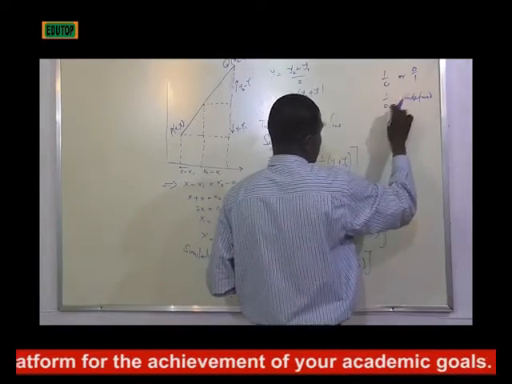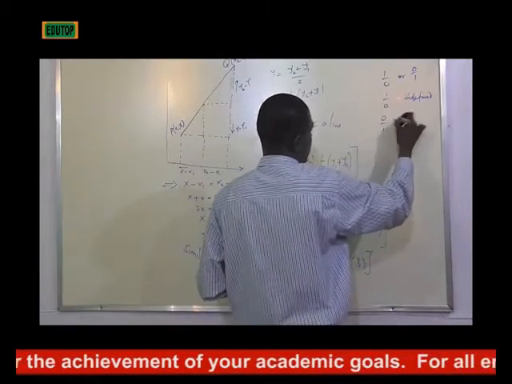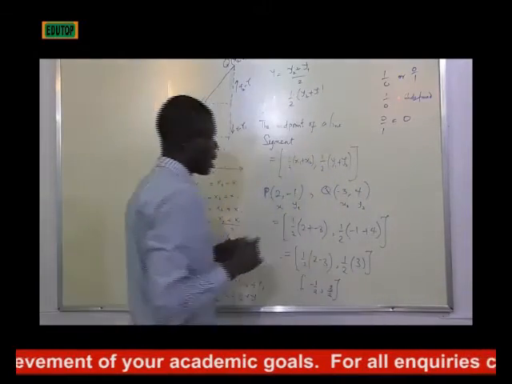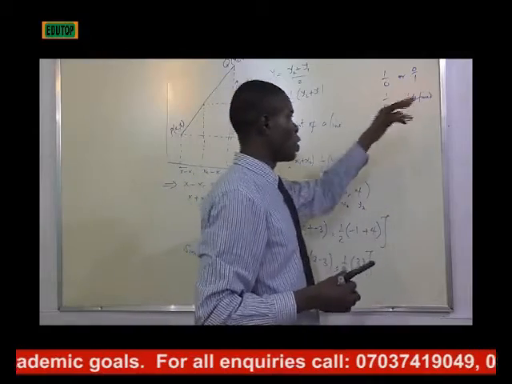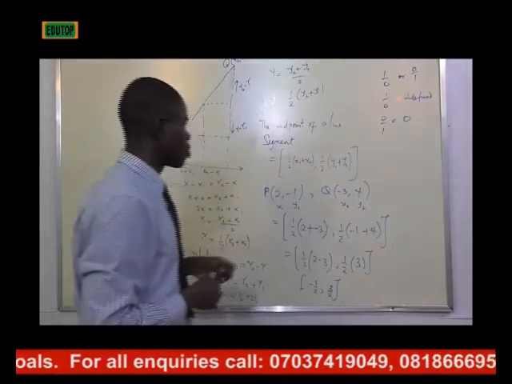That means you cannot find a real value for this. Then 0 over 1 is equal to 0. So that's the point I'm trying to make: when you have 1 over 0, it is undefined. So take note of that.